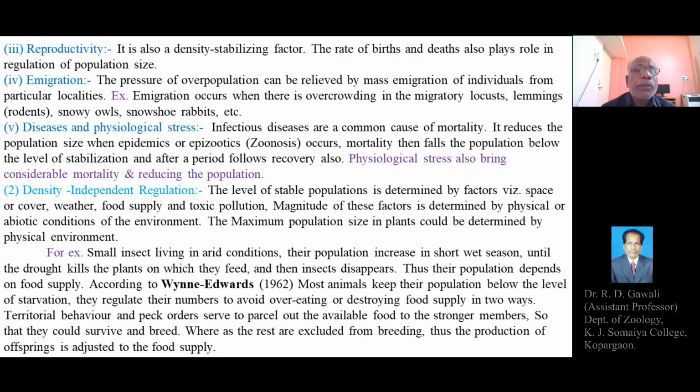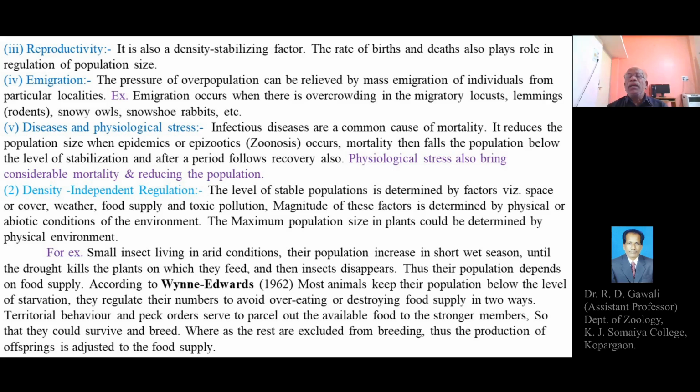So the diseases and physiological stress, that is infectious diseases, which are the common cause of mortality, reduce the population size or the number of individuals in a particular area when an epidemic or epizootic occurs. Means whenever there are infections or different types of diseases occurring in a particular species or different species of the population and can lead into mortality.